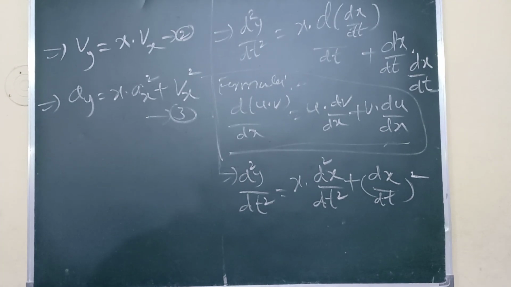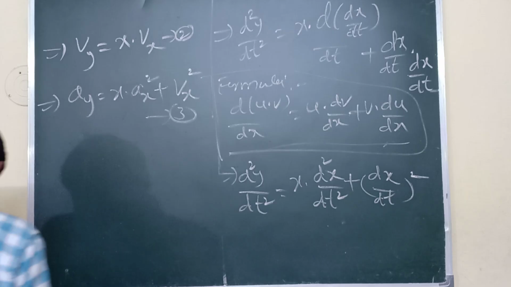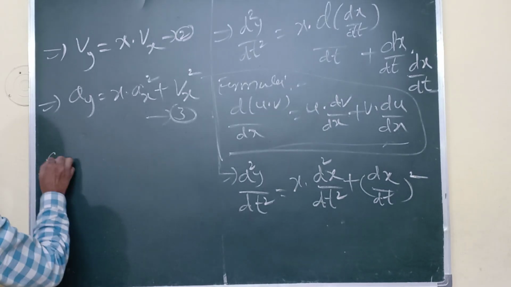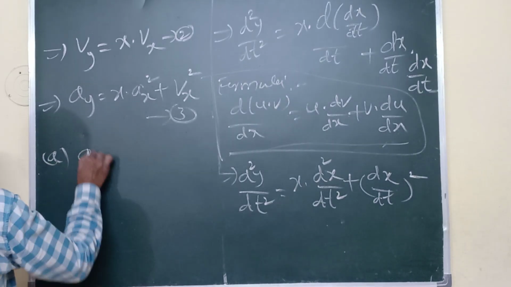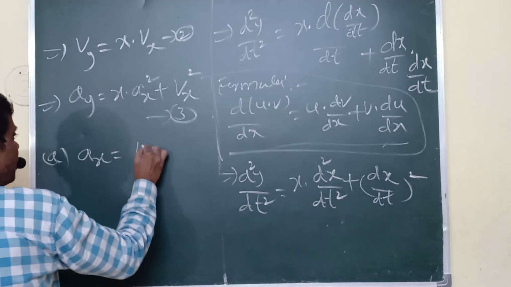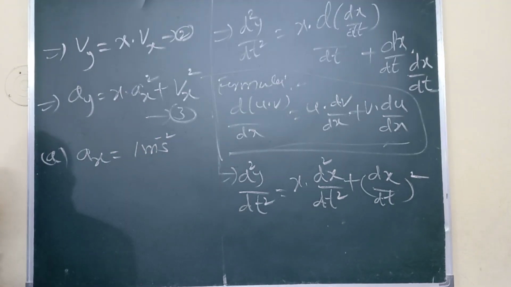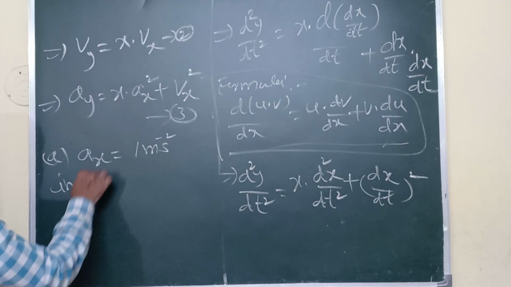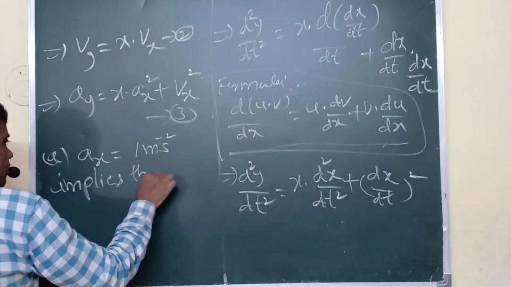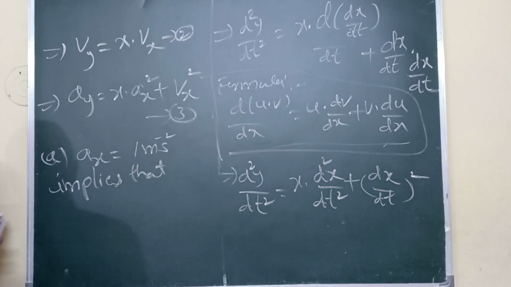So what are you given first? First one, ax equal to 1 meter per second square implies that when the particle is at the origin, ay equal to 1 meter per second square.